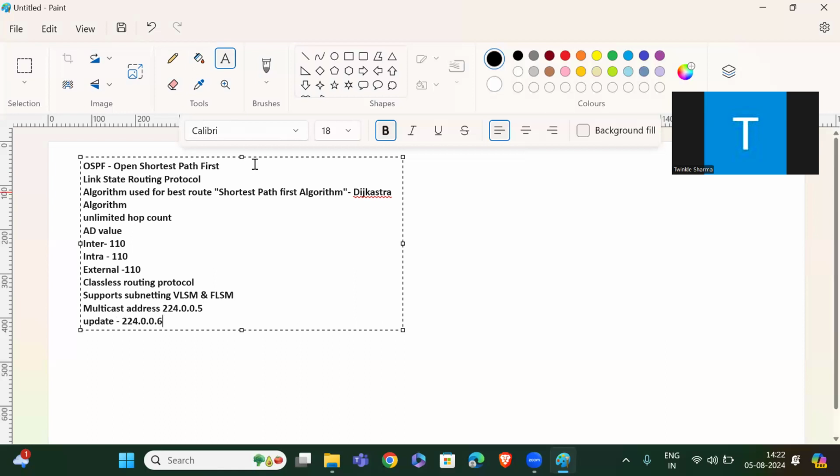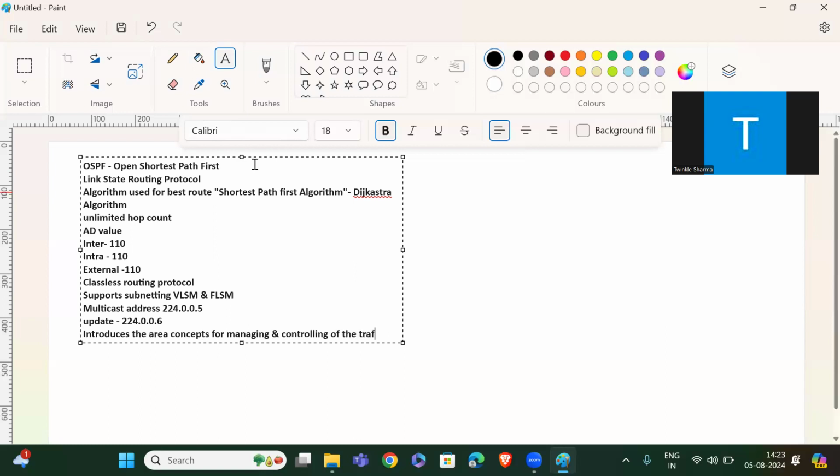Okay, so it introduced the area concepts for managing and controlling of the traffic.